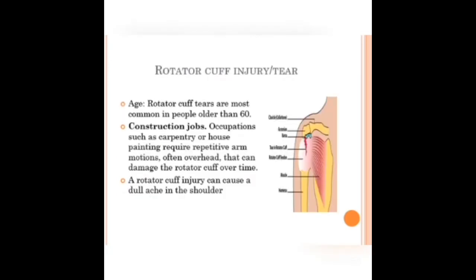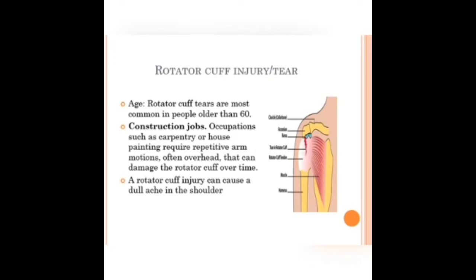Next comes rotator cuff injury or tear. Here, rotator cuff tears are most commonly seen around 60 years, that means older people, around 60, 65, you can notice rotator cuff injuries.